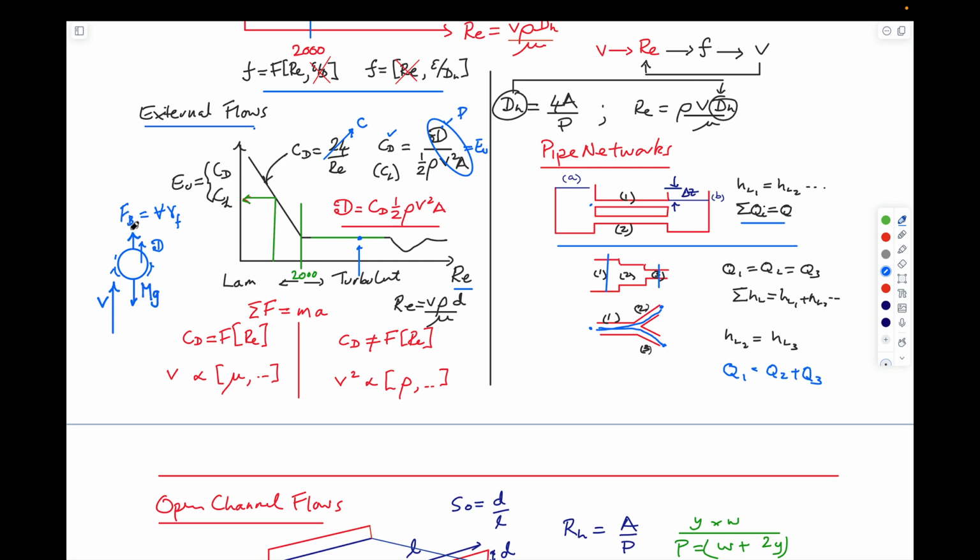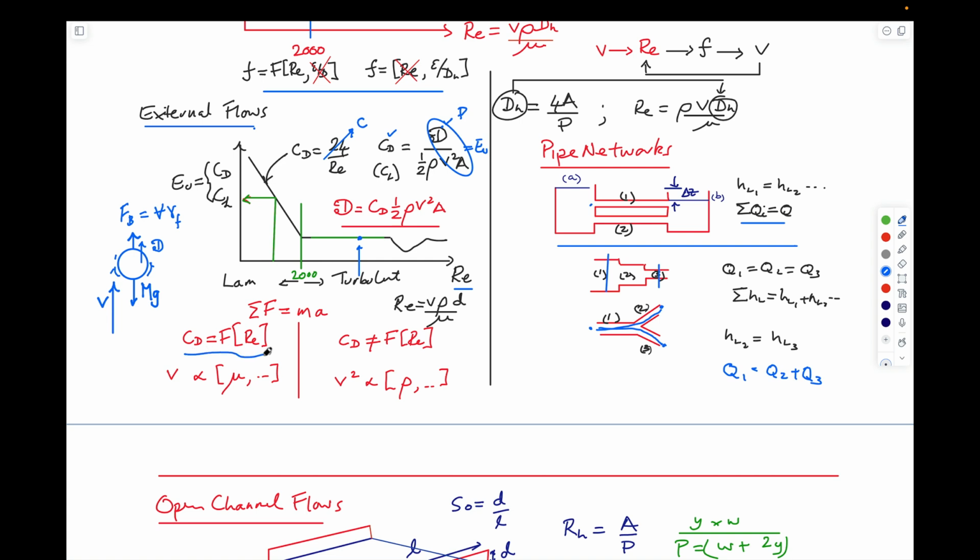And also there'd be a buoyant force, which is the volume of the body multiplied by the unit weight of the fluid which it's displacing. And so if it was, for example, air as the fluid and a rock as the ball, then the buoyant force would be tiny. But if it was something settling in water, you might want to accommodate for that.